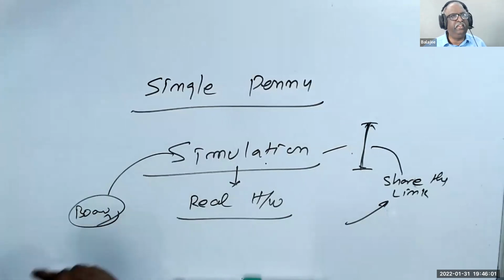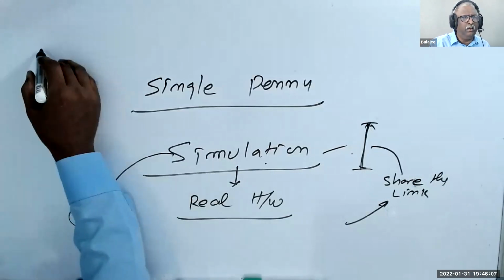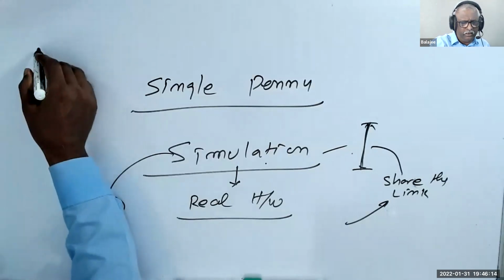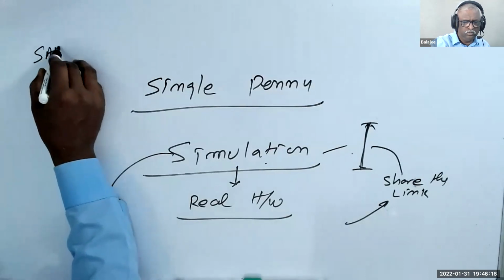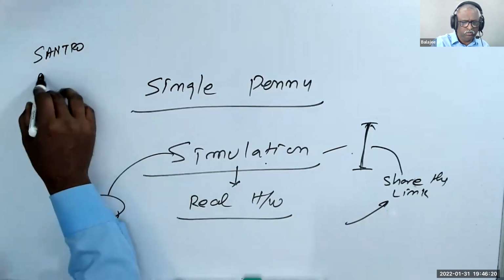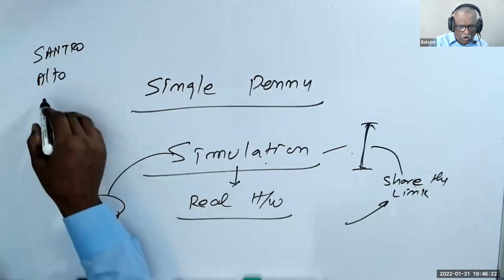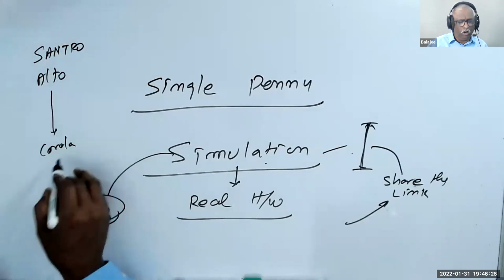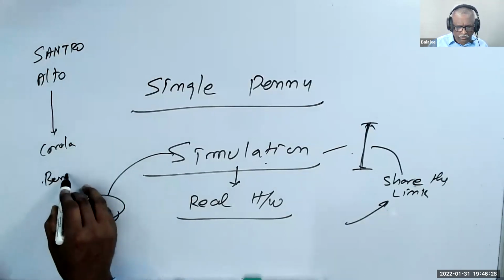At that time you will decide. Think of a thing very clearly. Take a car: there is a Santro, or Alto, or Corolla, or Benz, or BMW.